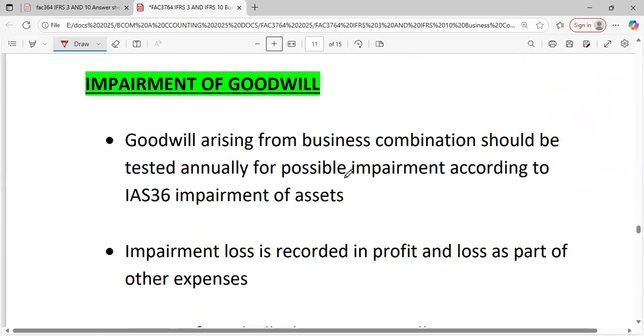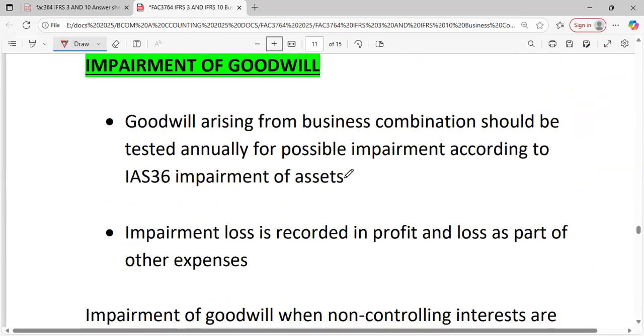Let me just check. Impairment of goodwill. I think we did this in our AIS 36, impairment of assets. So in our International Financial Reporting Standard 10, we're not going to do any calculations much on impairment. They will tell us you impair goodwill by so much.